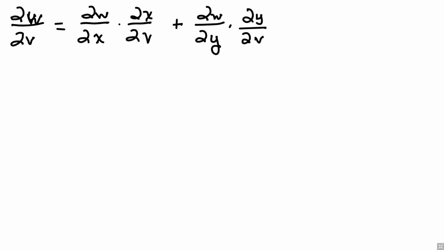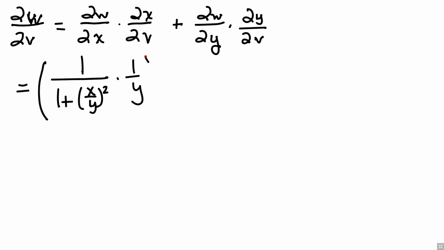Now, with this, for the first part, the partial of w in respect to x and the partial of w in respect to y, it's not going to change. It's going to be the same for both problems. Okay, so for the first piece, it's going to be, again, 1 over 1 plus x over y quantity squared times 1 over y.